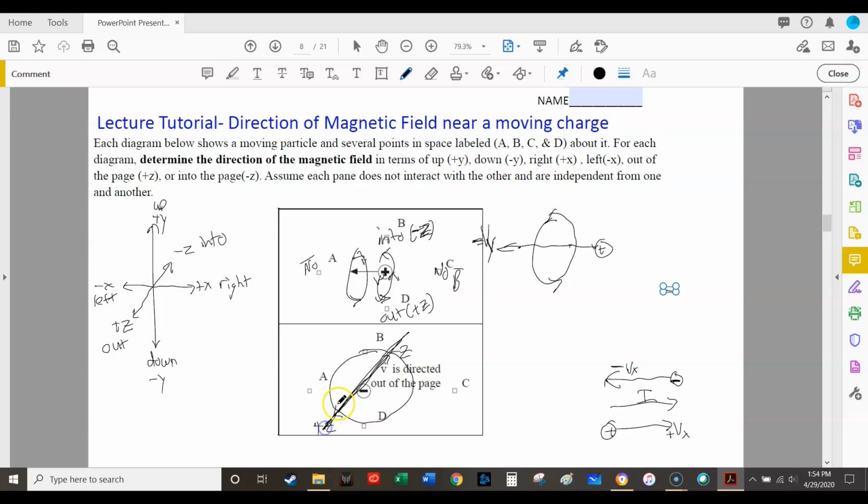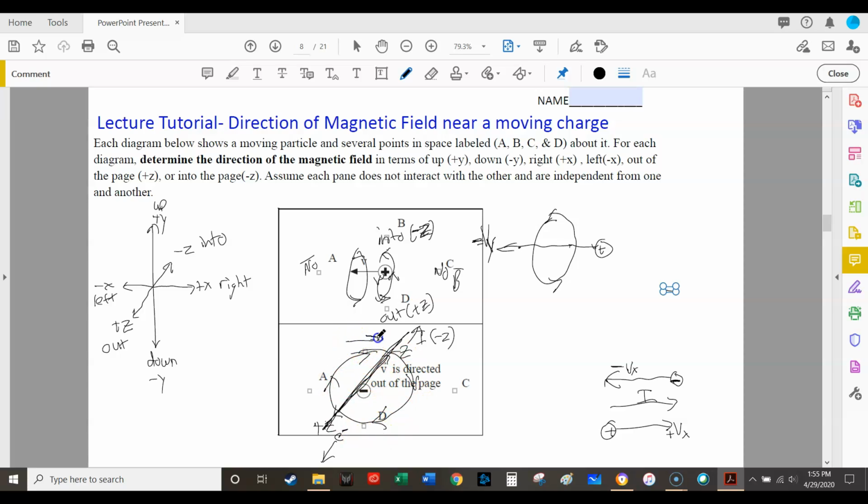And when I'm pointing my thumb into the page, it looks like it's making a clockwise pointed magnetic field. Okay, so the current is going in the negative z direction because the electrons are flowing out of the page. So in this case, the magnetic field is going to be pointed in a clockwise fashion.